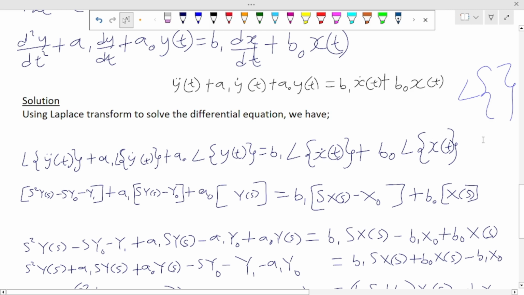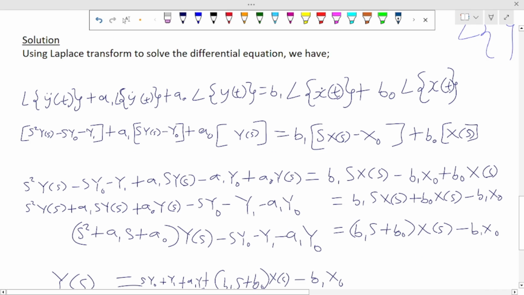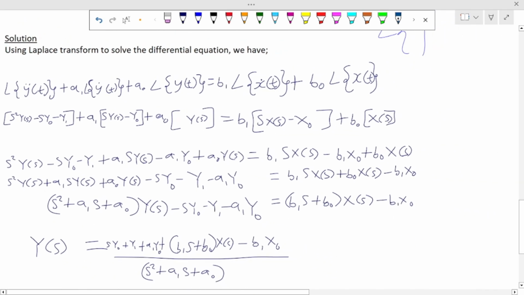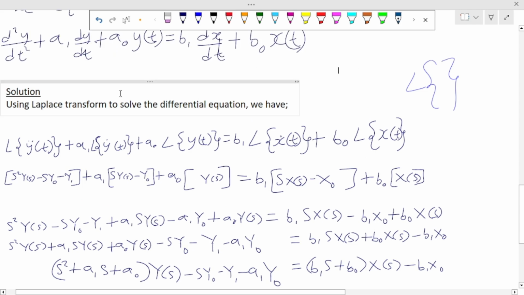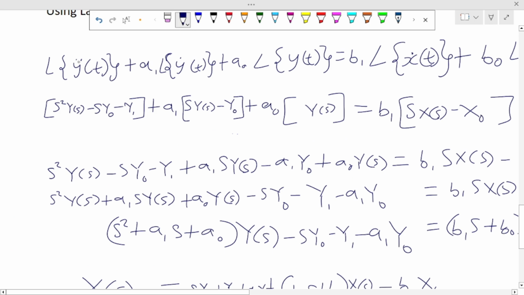Now taking the Laplace transform, there is a pattern I want to show you that will help you recall what happens when we take a Laplace transform. When you take the Laplace transform of this second derivative, this is what happens. Now how many dots do you have here? 2.